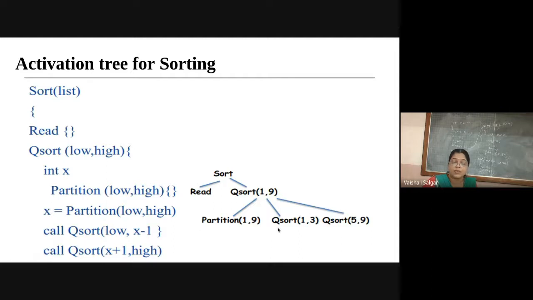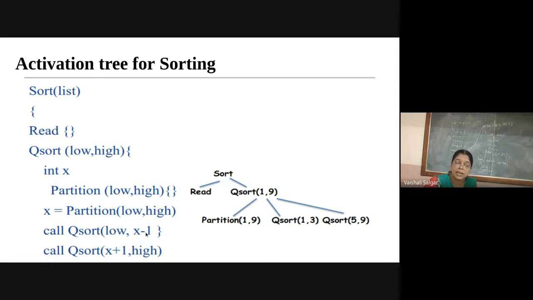With this partition 1 comma 9, it will return the value to this Q sort. So see, Q sort 1 comma 9, then there is a partition low and high procedure called with 1 comma 9. That's why, with the Q sort, it has one more node as 1 comma 9. This partition will return the value 4, as I have just explained. And then there is a call for Q sort low comma 1. The low value we have considered here is 1, whereas x is 4.